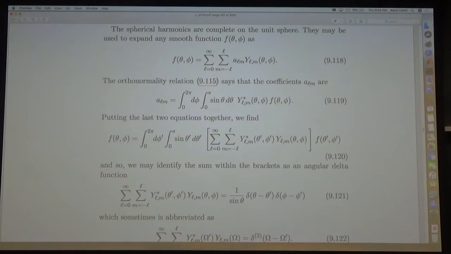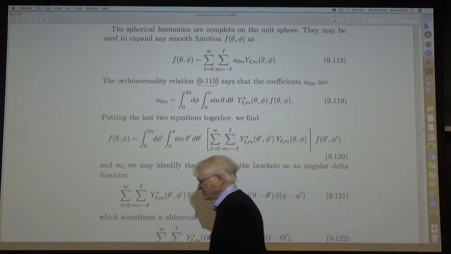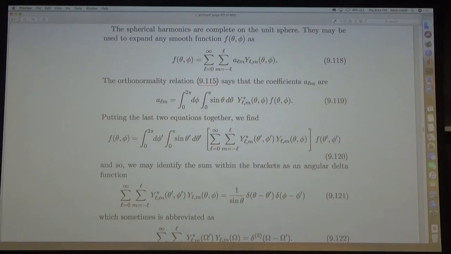Now, the spherical harmonics obviously are complete on the unit sphere, so we can expand any smooth function, and in some contexts smooth means infinitely differentiable. Here I think it's certainly any continuous function, and depending on what we mean by convergence, it could be any square integrable function.